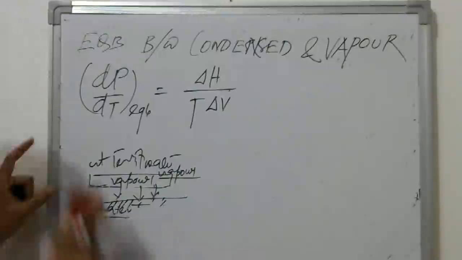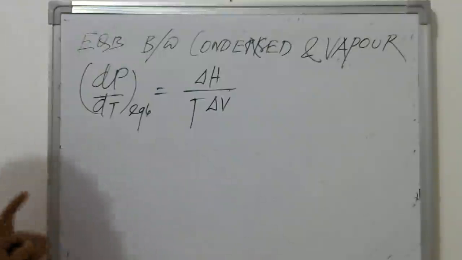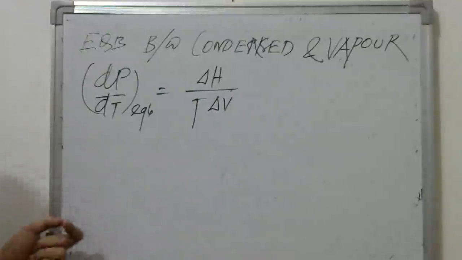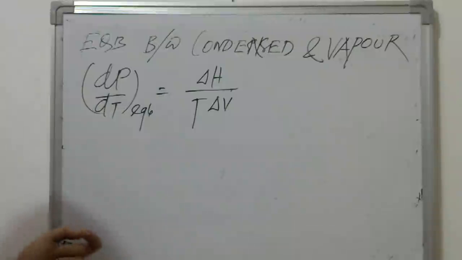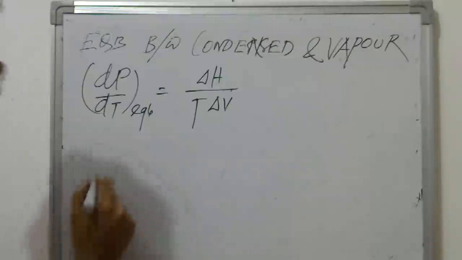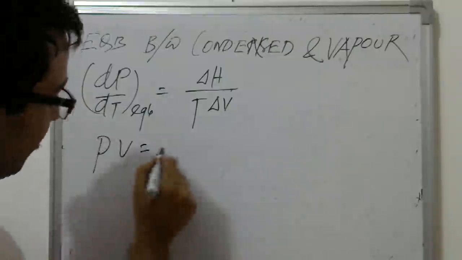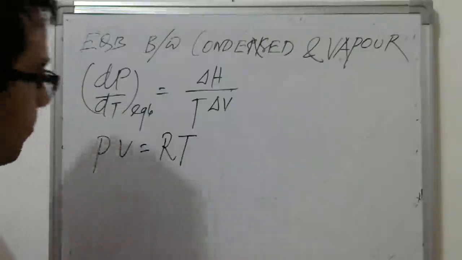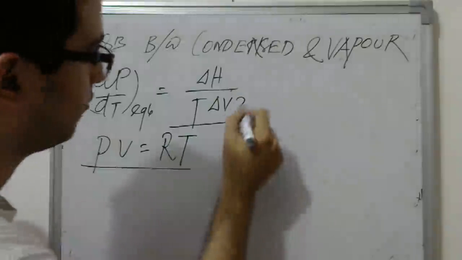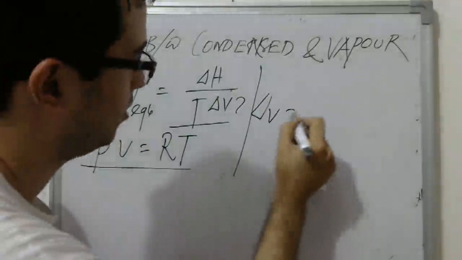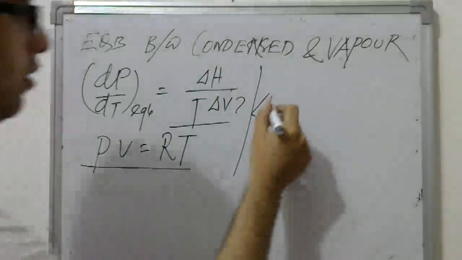So the saturated vapor of a material obeys the Charles and Boyle's law, that is PV equal to RT, right? So we'll substitute PV equal to RT. Now what about this delta V? You remember?